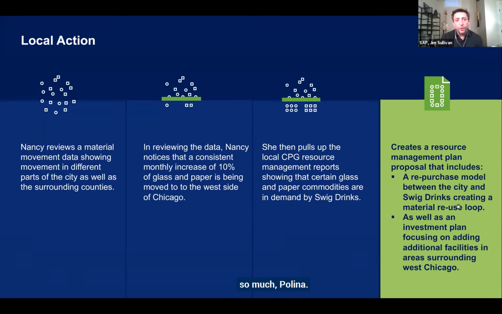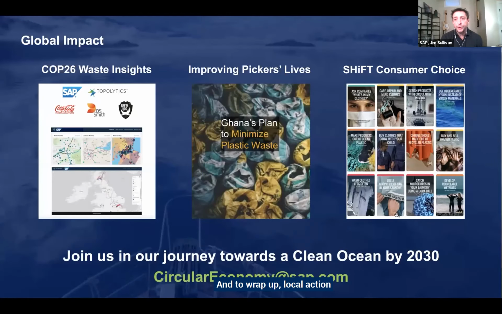Great, thanks so much, Paulina. And to wrap up, local action at scale really helps lead to global impact. So this is an extension of a project we did with the government of Scotland, Topolytics, Coca-Cola, DS Smith, and Brewdog, looking at waste flows for the upcoming COP26 conference, and shows both in Europe and the US how within existing more mature waste management systems, we can track the real-time movement of materials.